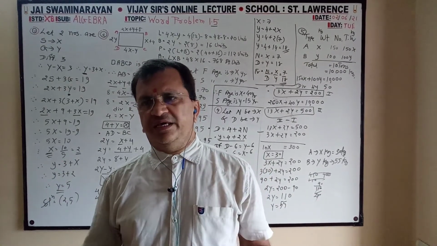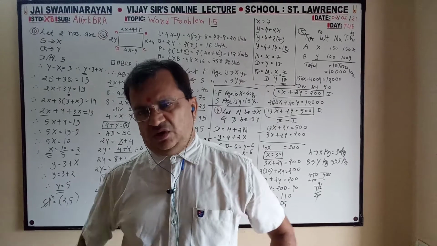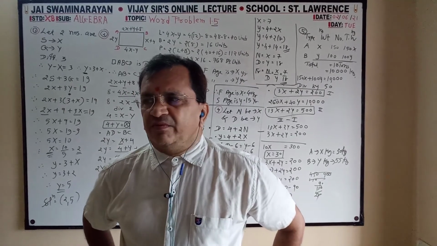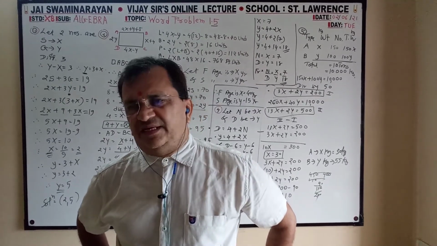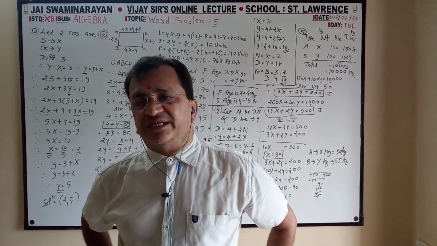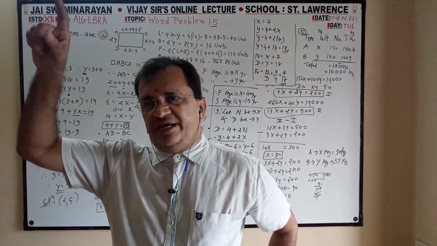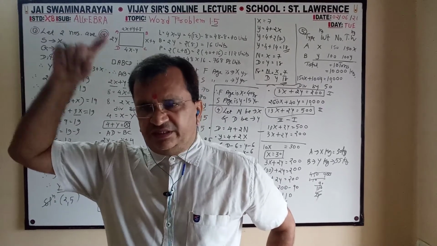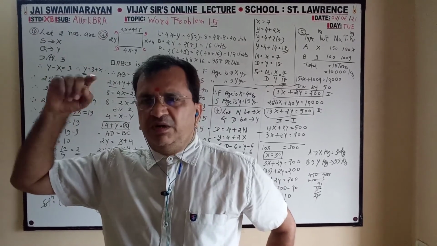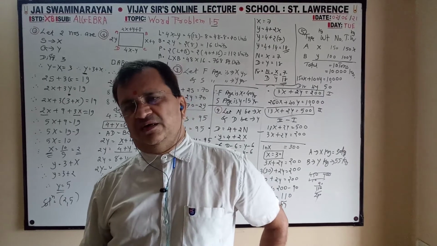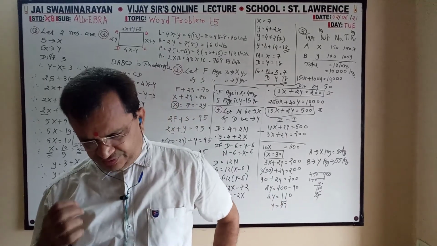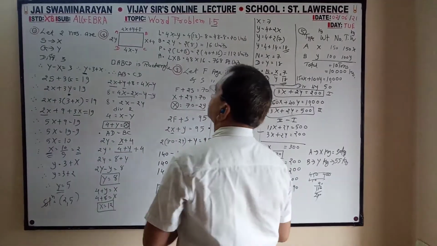Now by any method you can solve. You will find x and y. Now don't write what is x, what is y. What you have considered, that you have to write. You have considered age, distance, weight, or number. As per that, you have to write the final answer, because this is a word problem.